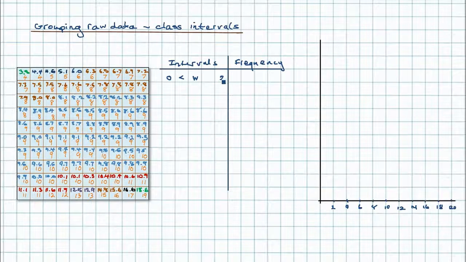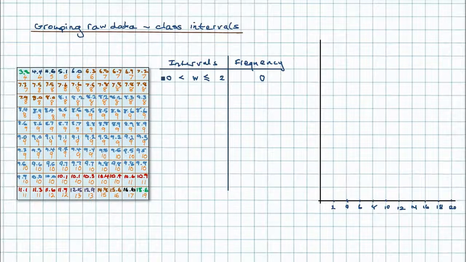But it could also be equal to 2. So it's very important to decide, for example, if you've got the 6.0, is it going to be on one side of one of these boundaries or the other? Is it going to be in this bin or this bin? So we have to write not just less than 2, but less than or equal to 2. So how many values are between 0 and 2? The answer is 0. So we'll just record that as 0.